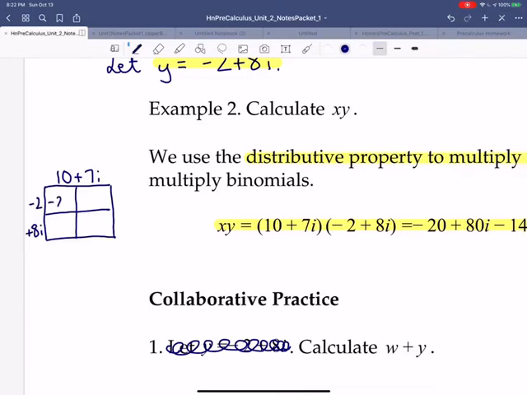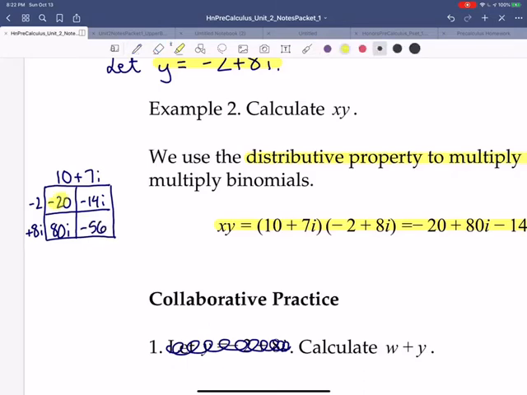So we have -20, -14i, 80i, and then we have 56i squared, which we know is the same thing as 56 multiplied by -1, negative 56. So that's what I'm going to write in this box.